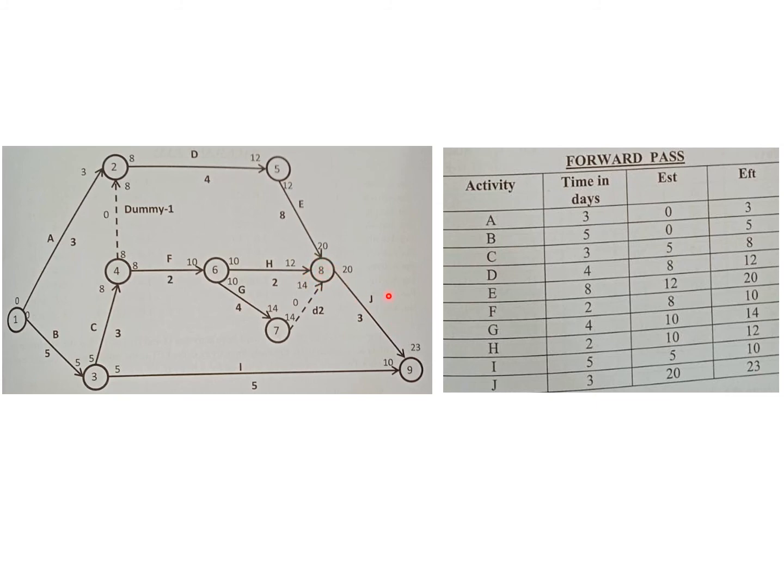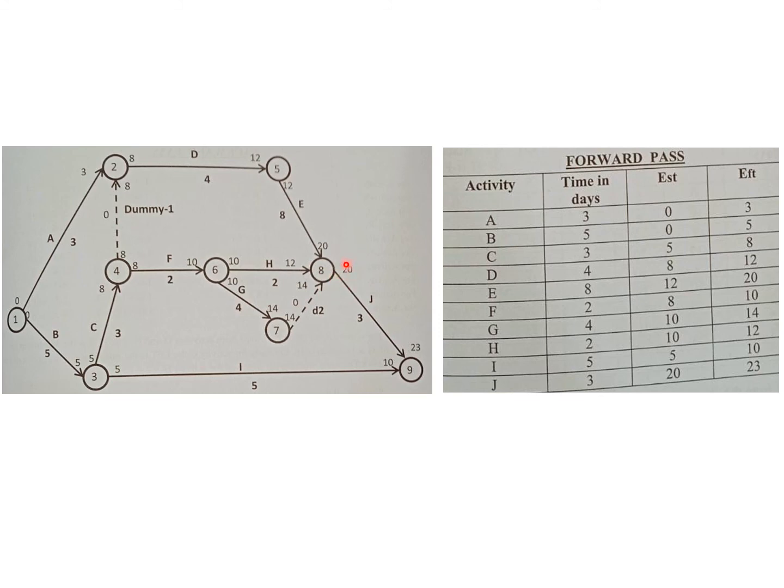For the preceding activities of J, which are activity E, activity H, and activity G, these would all finish at different points. H would finish at 12 days, G would finish at 14 days, and E would finish at 20 days. So 20 days is the earliest start time.